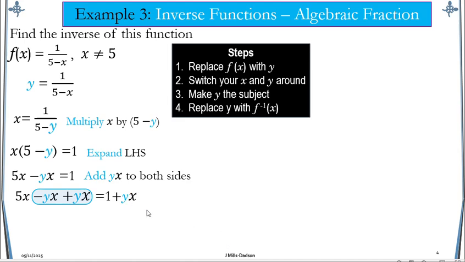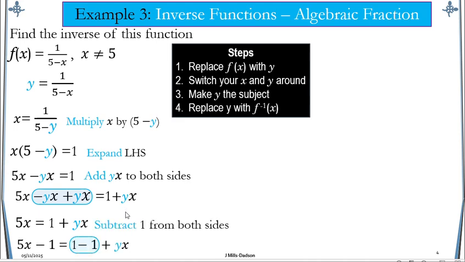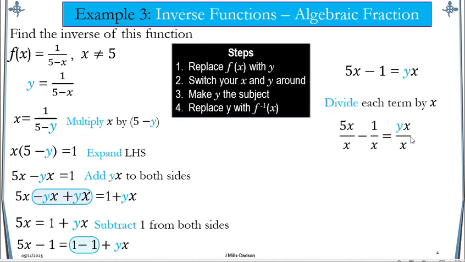So now I want to make y the subject, which means the positive 1 here will need to move to the other side of the equal sign. So we're going to minus 1 from both sides, and that will give me 5x minus 1 equals yx. Now to make y the subject, I'm going to divide both sides by x, so that when I cross out, this is what I have.